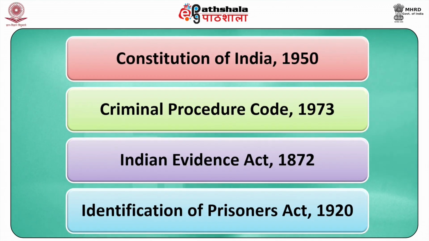These questions can be answered by a careful analysis of various provisions of Constitution of India 1950, Criminal Procedure Code of 1973, Indian Evidence Act of 1872 and the Identification of Prisoners Act of 1920.